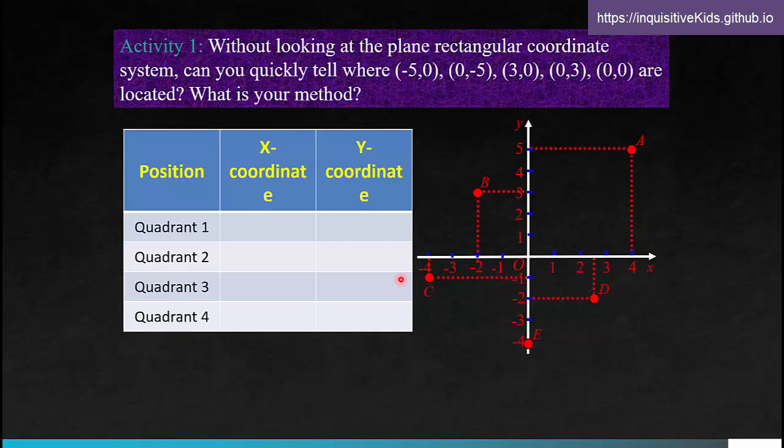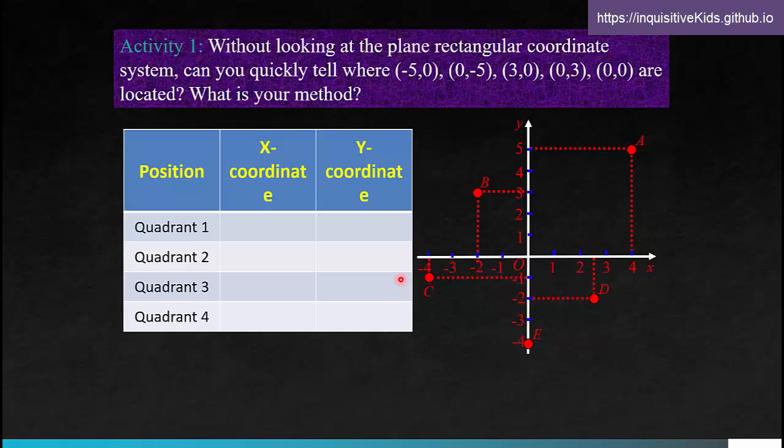Without looking at the Cartesian coordinate system, can you quickly tell where (-5, 0), (0, -5), (3, 0), (0, 3), and (0, 0) are located? What is your method? So (-5, 0) you might need a little bit of thinking. That would be on the negative half of the x-axis. Why?